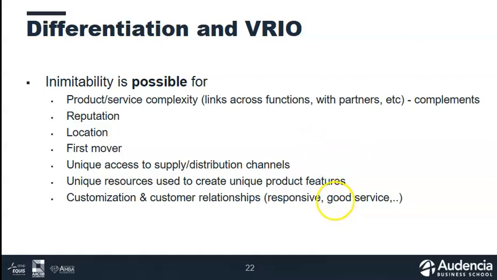Maybe you have a long-term contract, but at some point somebody may bid to buy the space you have, or the rent may go up. Who knows? Your reputation can exist, but can also be destroyed if you provide low-quality products after a certain amount of time. First mover advantages do exist, but they can be eroded over time. So inimitability is possible for many of these, but it's sometimes hard to achieve.